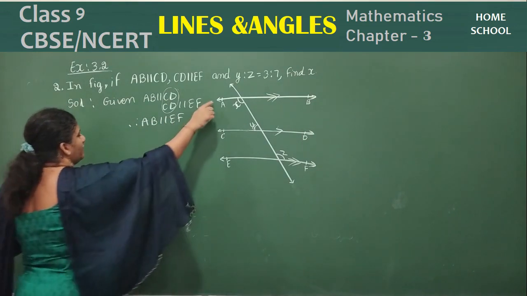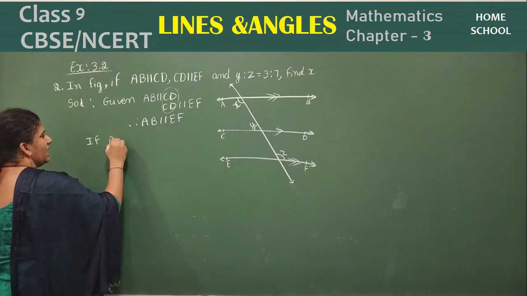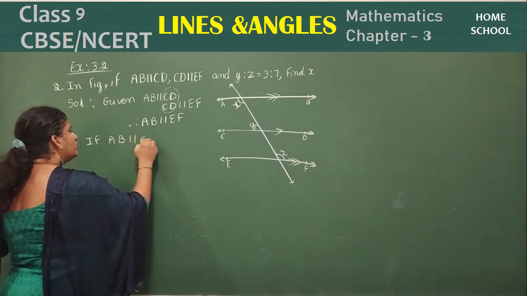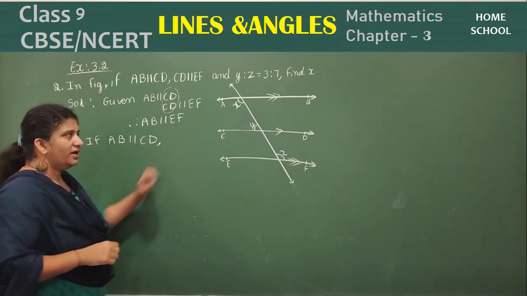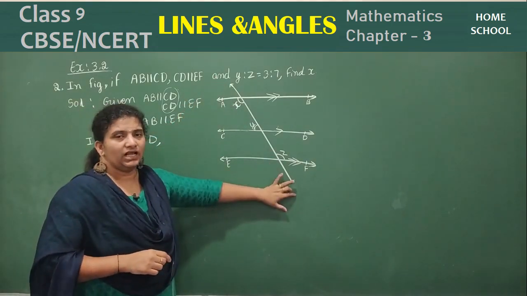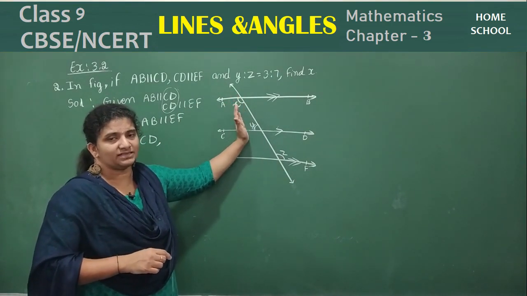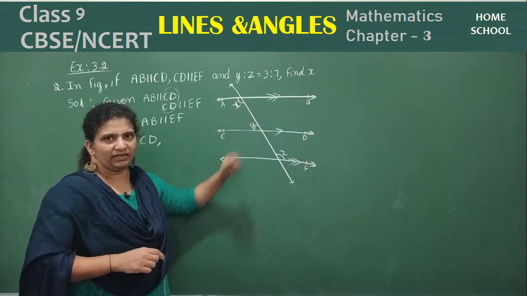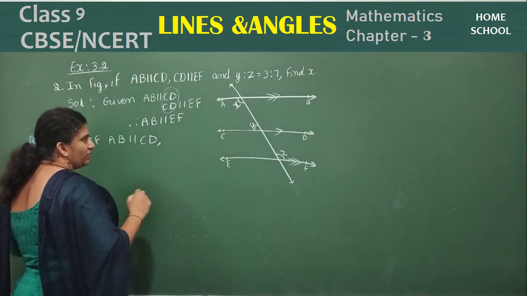Now consider the lines. If AB is parallel to CD, then if there is a transversal, the sum of the interior angles on the same side of the transversal will be supplementary. According to that statement, children, you can write the statement here.